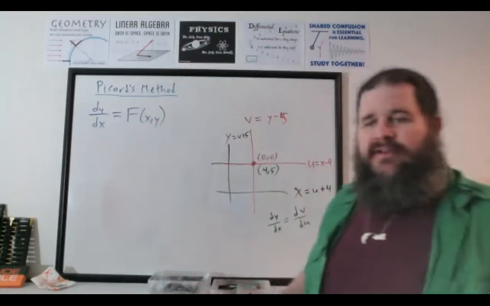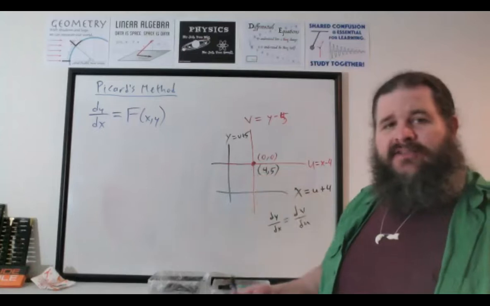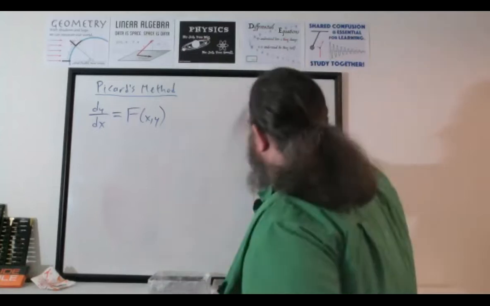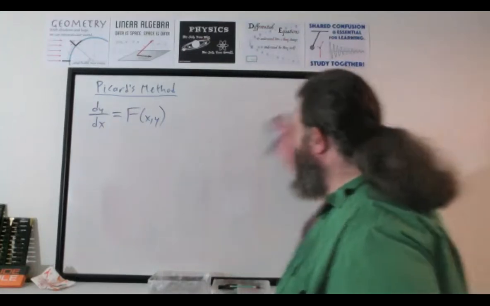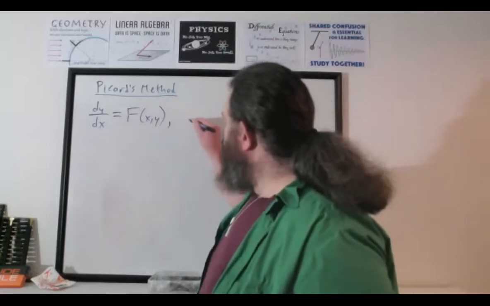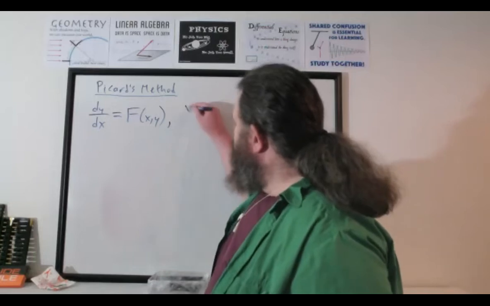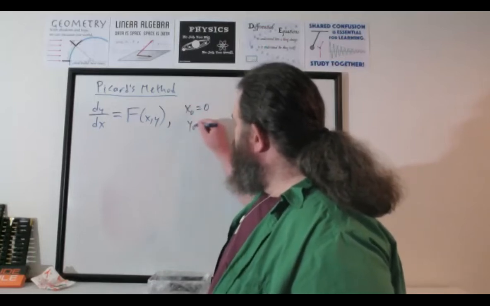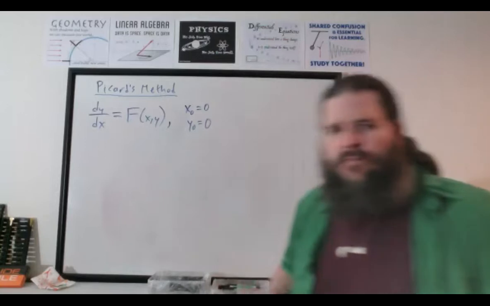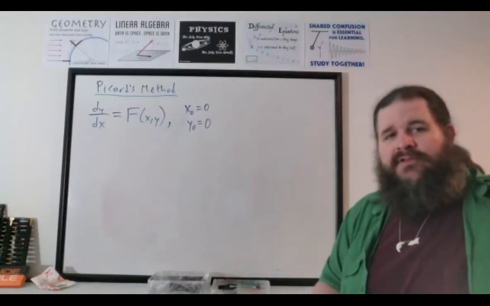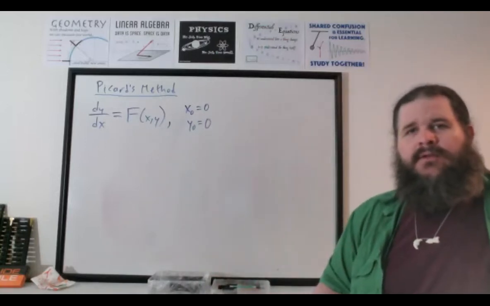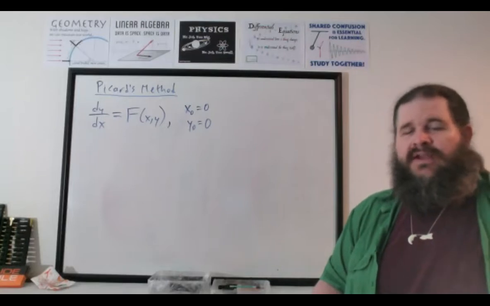And also the initial condition that's specifically at the origin, x equals 0, y equals 0. And again, if the initial condition is anywhere else, you just use a coordinate transform to create this new coordinate system so that it is called 0, 0.